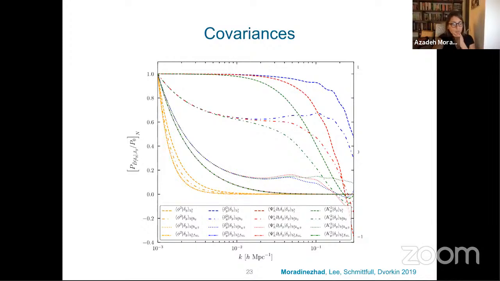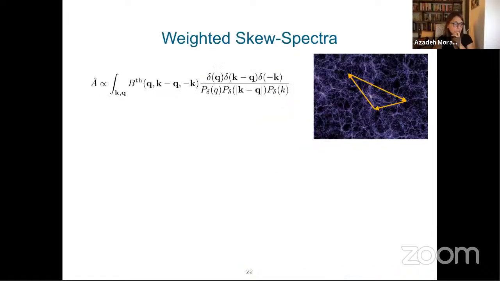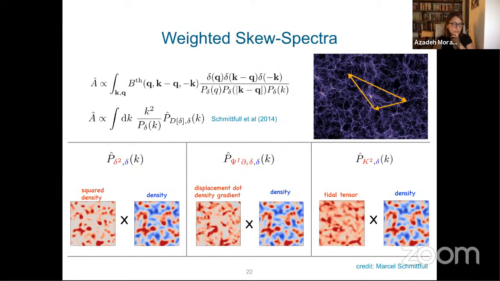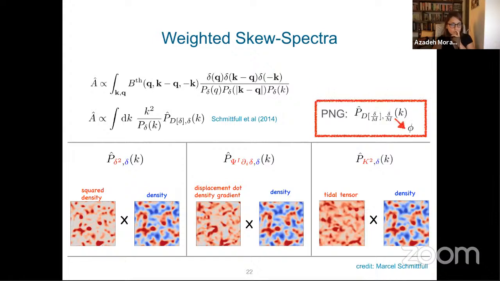So now you can compute what are these new skew spectra, and this is a bit of a busy plot, but the point here is to guide your eyes to the lines to look for. So basically, these different terms are showing these 3 different types of skew spectra, as well as the primordial one, so the 4th one here.